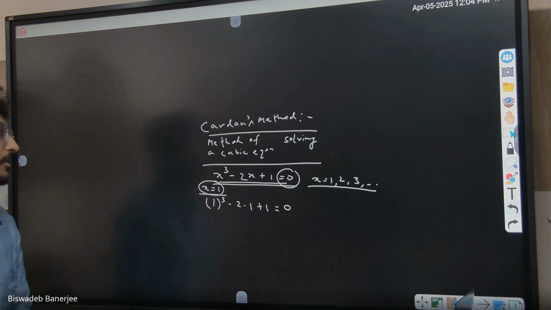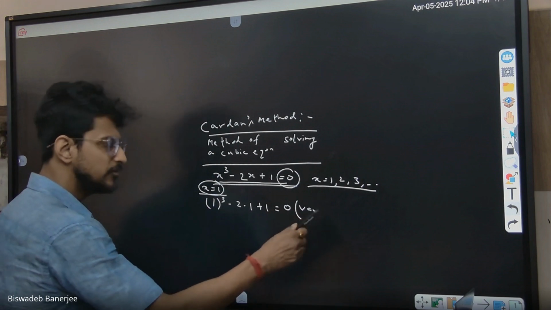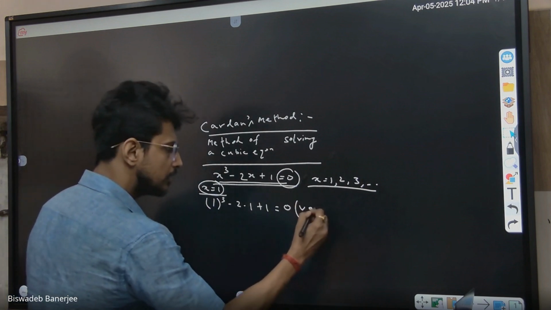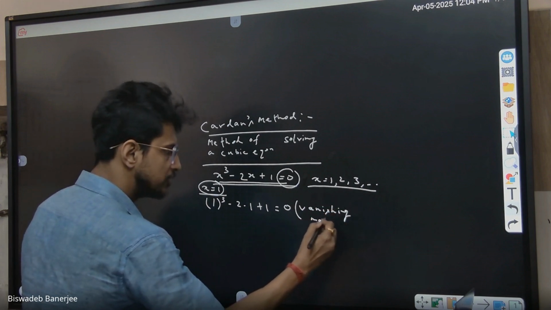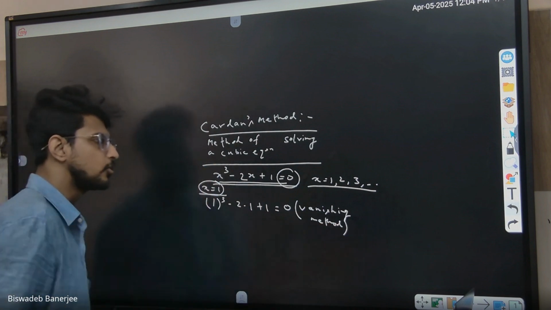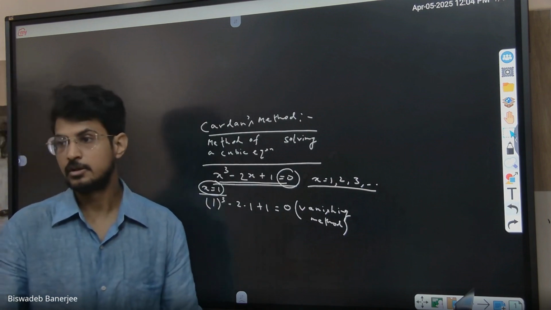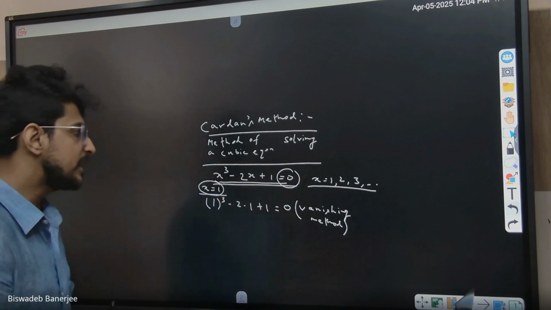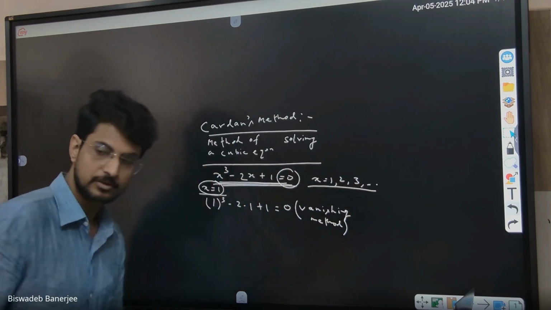In this case, our vanishing method, we know vanishing method. We have done this in our class 8 to 9 course. Vanishing method says put x equal to 1, put x equal to 2, put x equal to 3, and so on, and check whether this equation is 0 or not at this point.